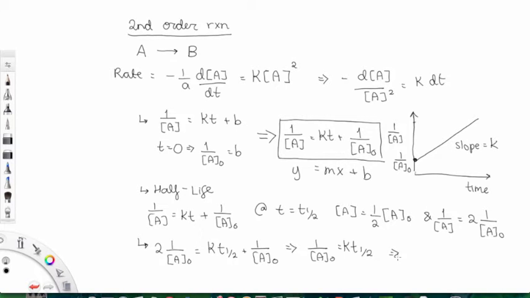Therefore, the half-life for second order reactions is 1 over k A0. So it's a different equation from the first order half-life equation that we figured out before. This can be used for the half-life of all second order reactions, dependent on the initial concentration of A.